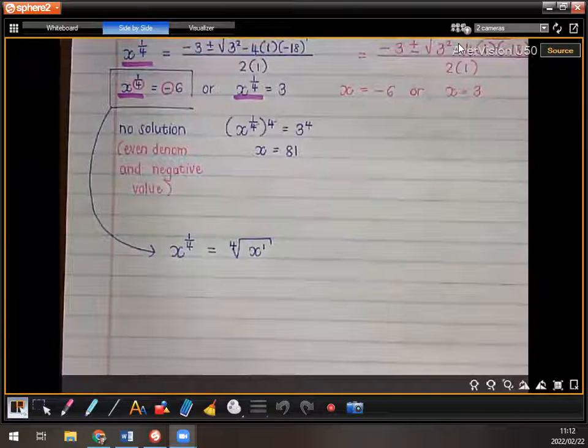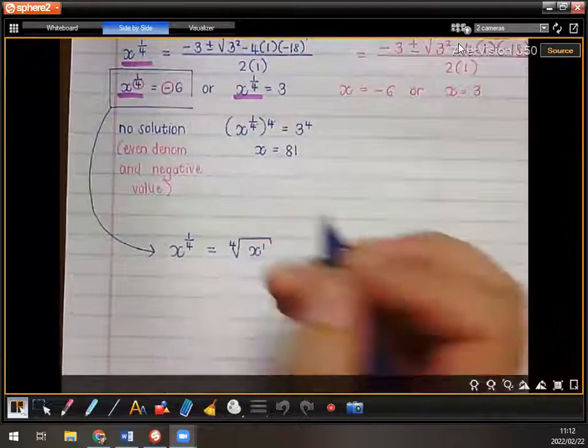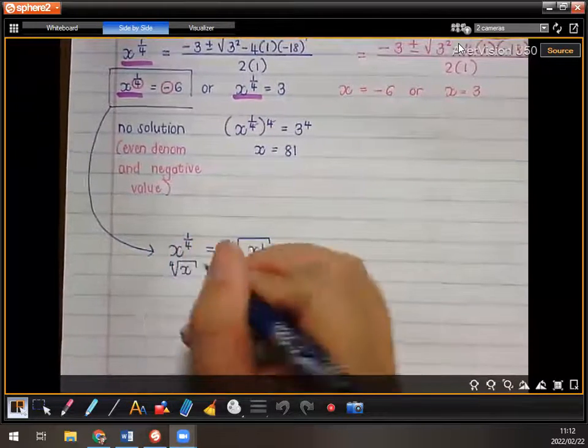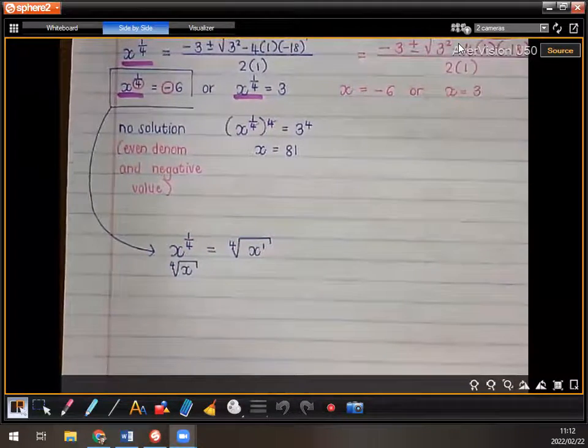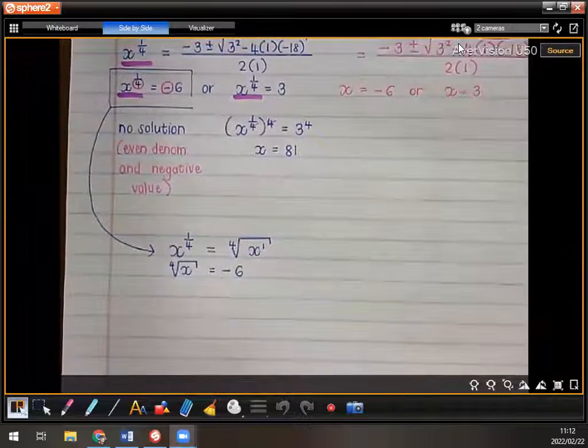Right, so x to the power of a quarter actually means the fourth root of something. And guys, if I look at this equation, this is saying the fourth root of a number, and we must find out what that number is, we must find out what x is, must be equal to -6.